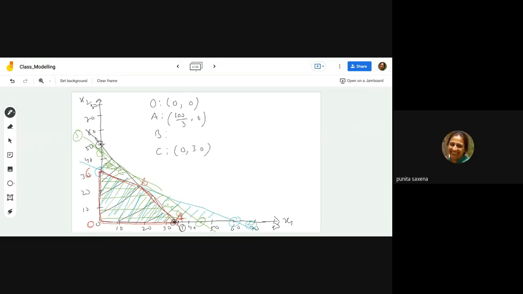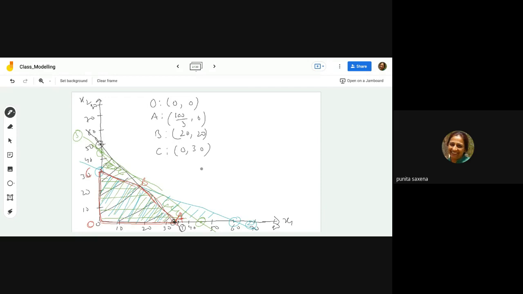And what about this point B? It lies at the intersection of the first and the second constraint, right? So you can solve those two linear equations to get the point. It's an intersection point. So what are you getting? (20, 20). Right? So these are the four extreme points that we have got.